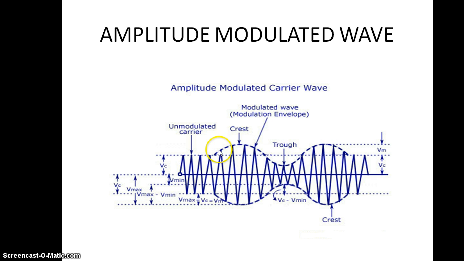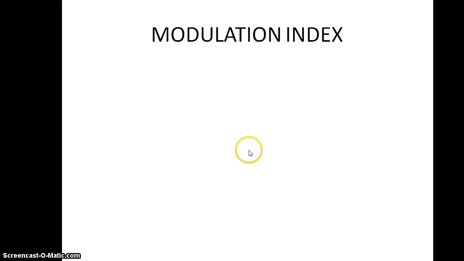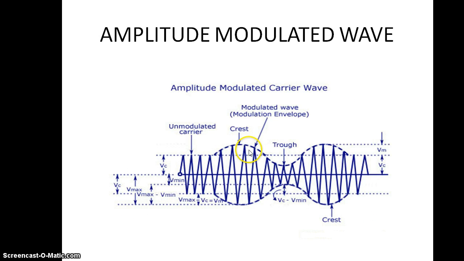This message signal will have varying amplitude and frequency, and now we will see how the signal gets modulated using amplitude modulation. The message signal is travelling with the frequency of the carrier wave, so that the carrier wave now assumes the shape of the message signal, and the message signal travels over the carrier signal.